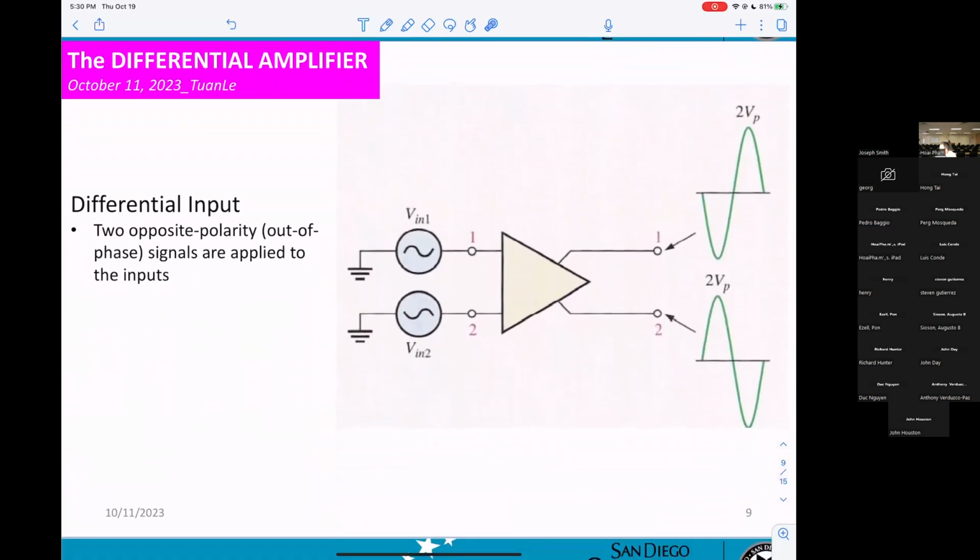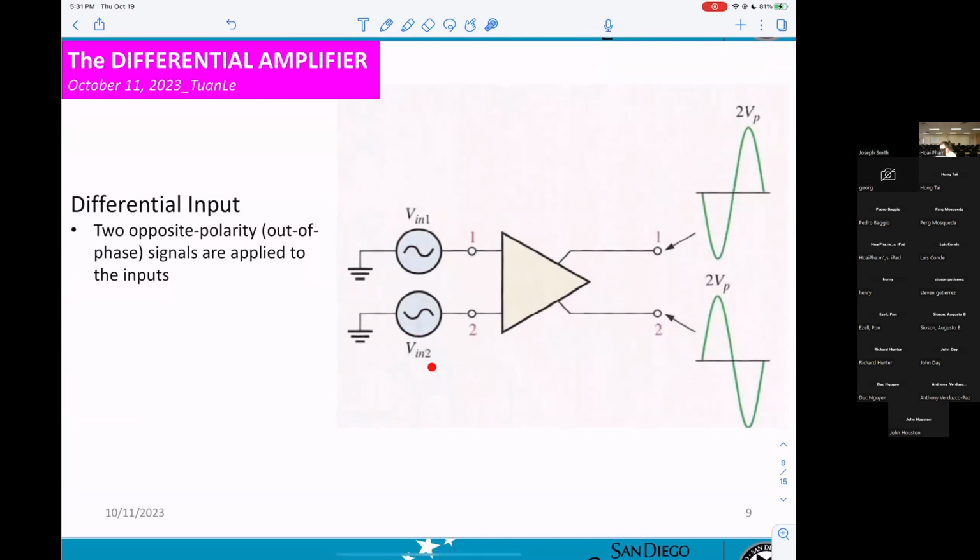Now, differential input. That means they apply a signal into input 1 and also apply a signal to input 2. One thing you have to pay attention to: both inputs have to be opposite.